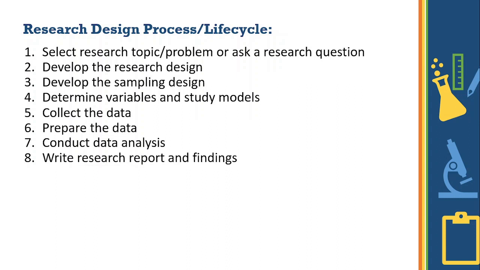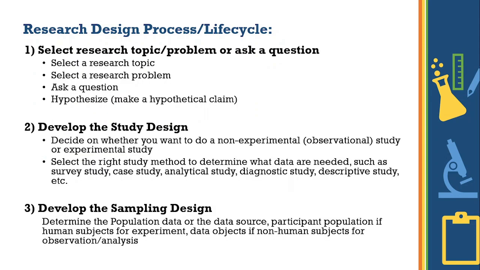As you can see, there are commonly 8 steps involved in a research life cycle, starting from selecting the research topic or plotting the question, to developing the research design, developing the sampling design, determining variables and study models, collecting the data, preparing the data, conducting data analysis, writing research report and findings. Let me explain each of these steps in further detail.